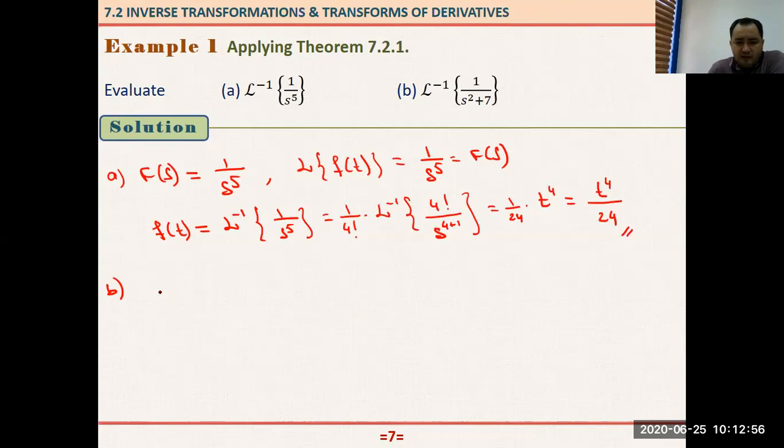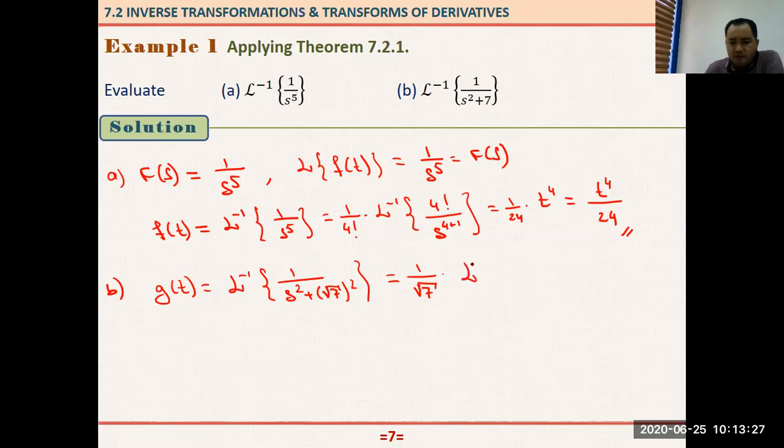Let's say that a function g of t is equal to the inverse Laplace of 1 over s squared plus 7. I can write this 7 as square root of 7 squared. To bring this into that form, we need to have the square root of 7 in the numerator. So I just multiply and divide by the square root of 7, simple algebraic manipulation.